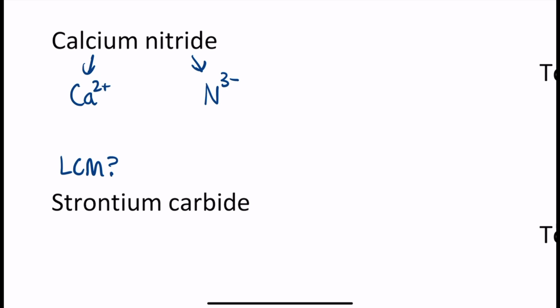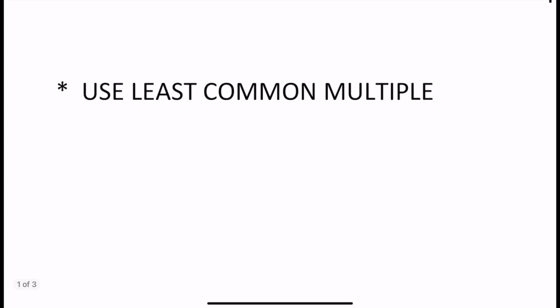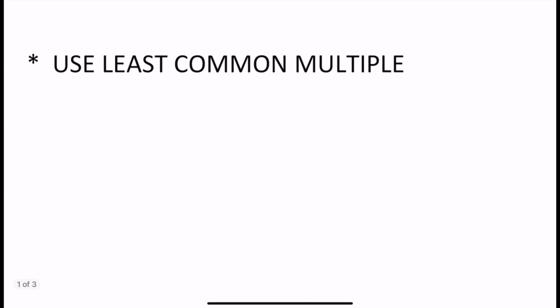Just for review, y'all, the least common multiple is the smallest number that both numbers can multiply up to. So here are some examples off to the side to make sure you know what least common multiple is. The least common multiple between 4 and 1 is 4, because 4 can fit into 4 1 time, and 1 can fit into 4 4 times.